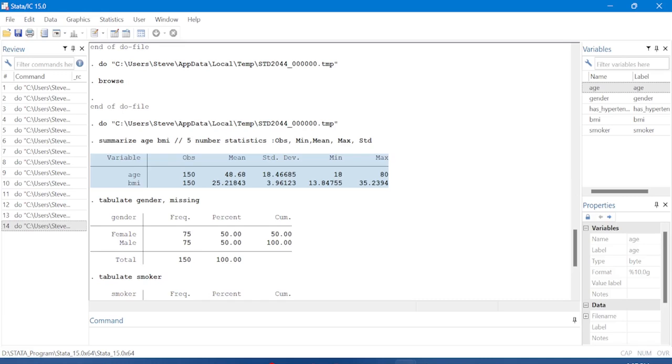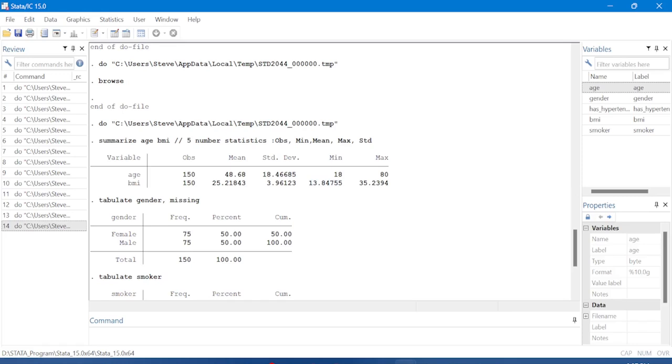For BMI, the average is 25, standard deviation 3.96, minimum 13.84, and maximum 35.24. This is unusual because normally BMI ranges between 18 and 25. This one may be flagged as an outlier, but let us check.